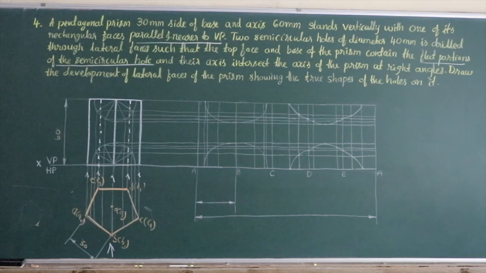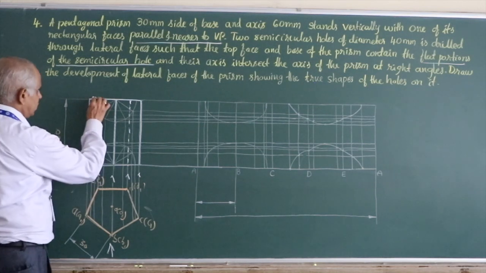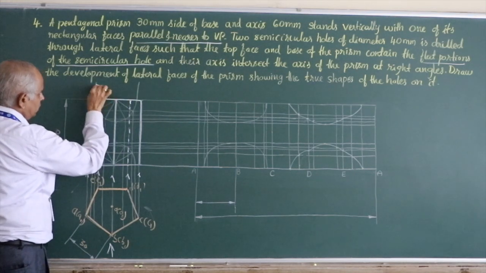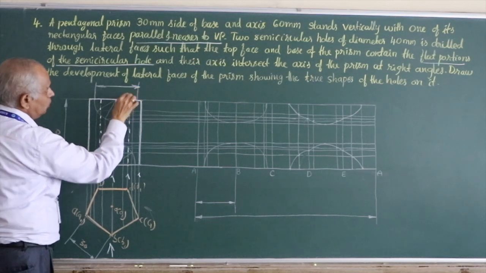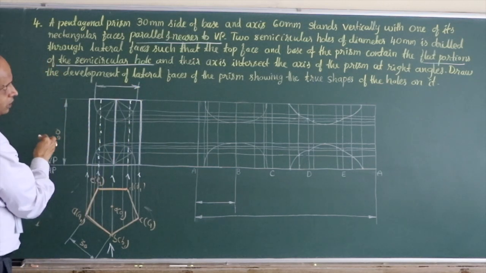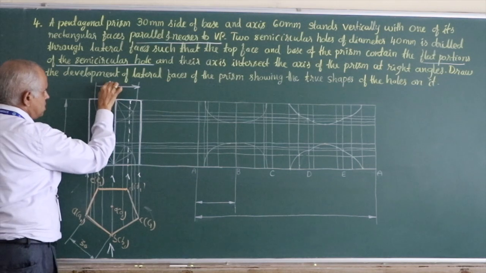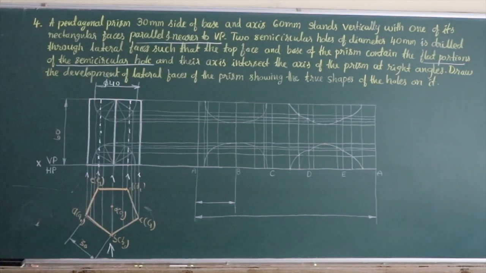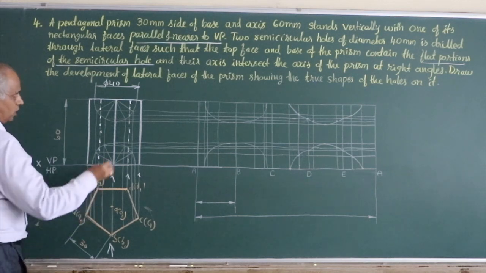Next, he says it is cut by two semicircular holes of diameter 40 mm, and the flat face of the semicircular hole coincides with the bottom and top face. So draw the semicircle with the diameter equal to 40 mm. Introduce this semicircular hole.